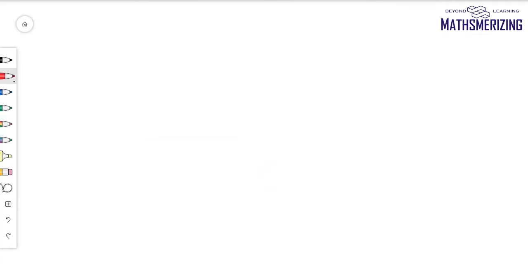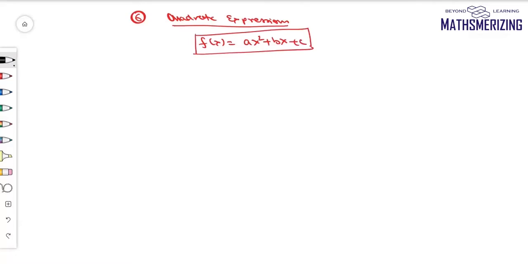Now, the sixth function that we'll study is graph of quadratic expressions. A quadratic expression is given by ax square plus bx plus c. Depending on the sign of this a, this graph is going to represent a parabola, either opening upwards or parabola opening downwards.